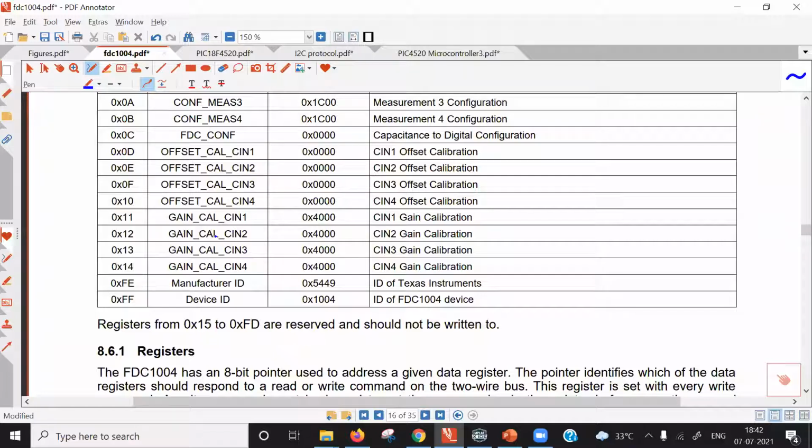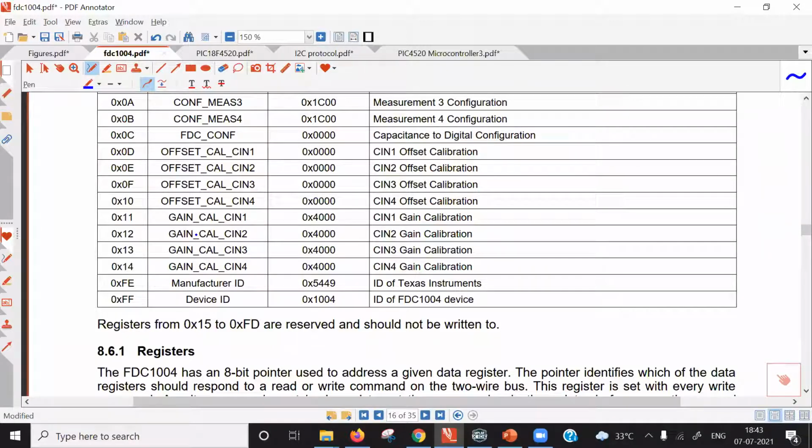Of course, there is a predefined gain used in the application, and the purpose of this gain calibration is to minimize some external effect that affects the gain. Now let me tell you, I have used default values for offset calibration as well as gain calibration.